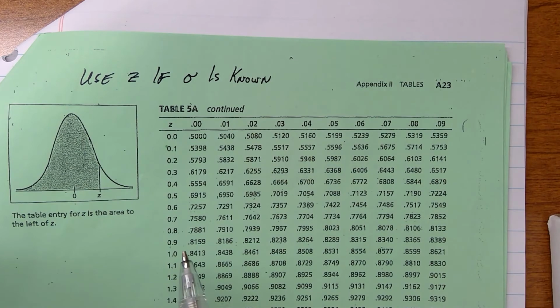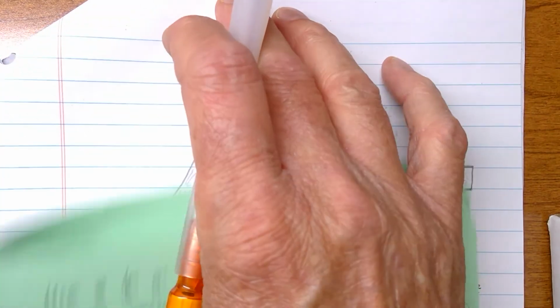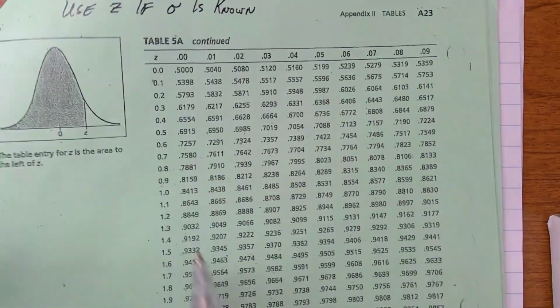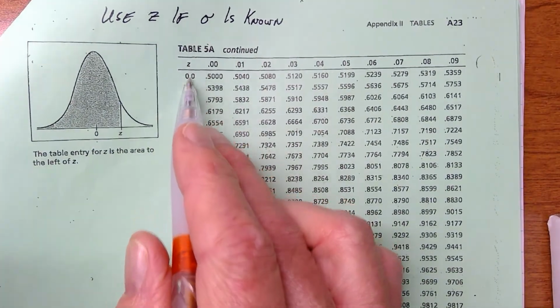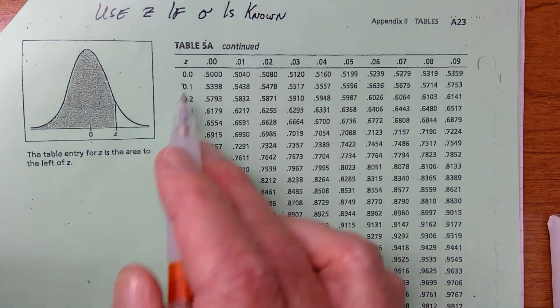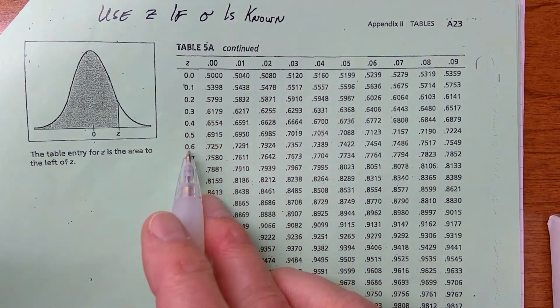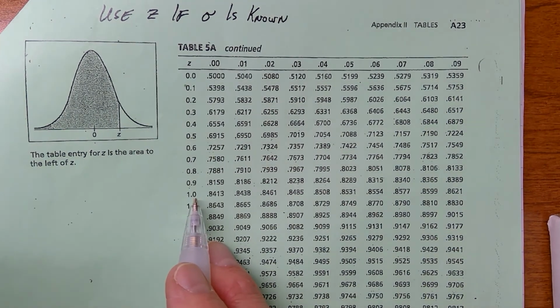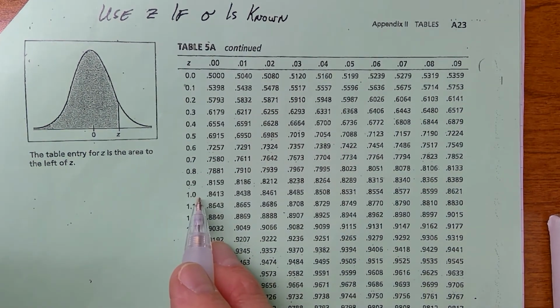So I'm starting with a nice easy Z. I said a Z of 1. So I want the area to the left of Z equals 1. All right, well, here's our Z numbers right here, this first column. That's your Z numbers. Now I want to go to 1, which is actually 1.0. There we go, 1.0. And then there's always another decimal in your Z number.